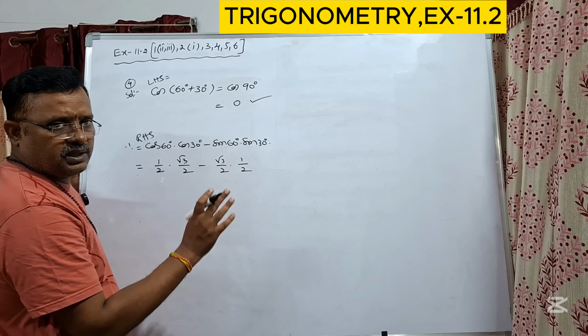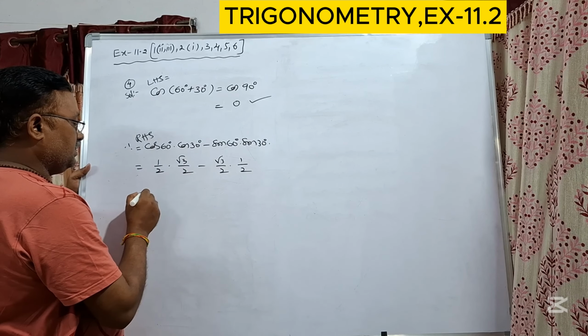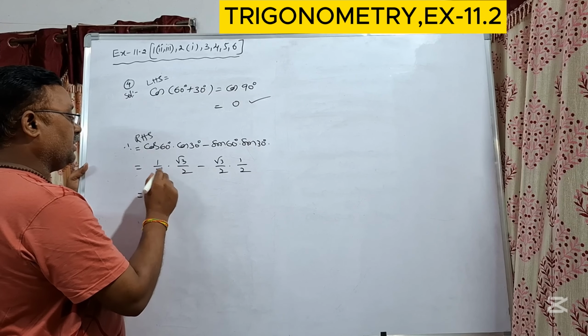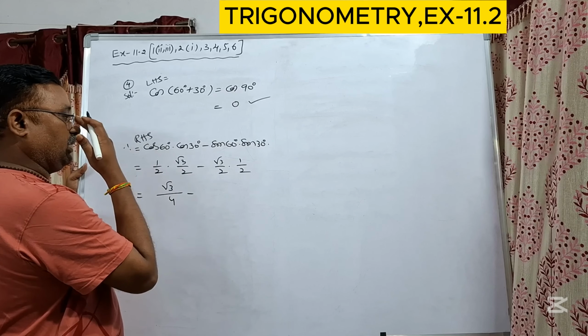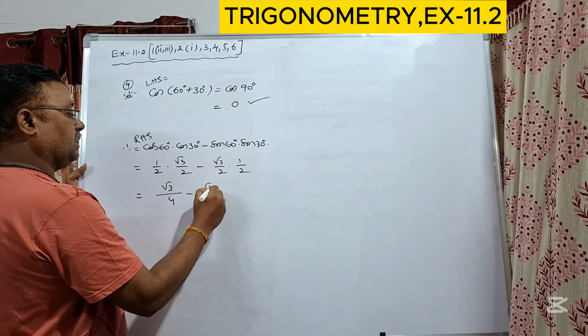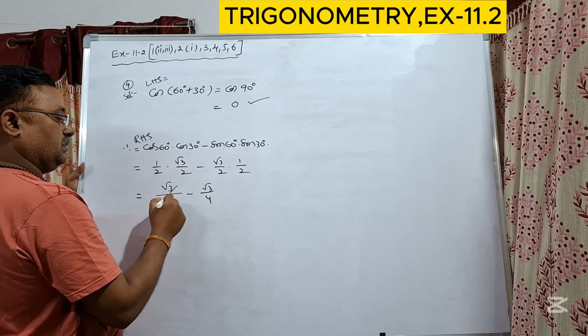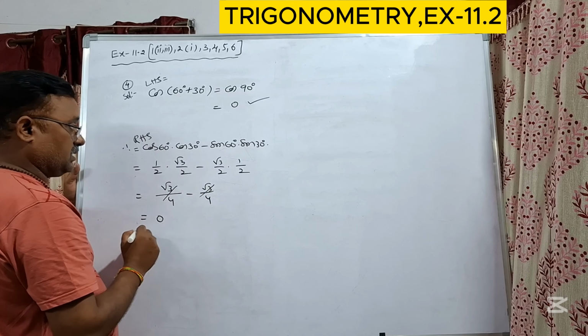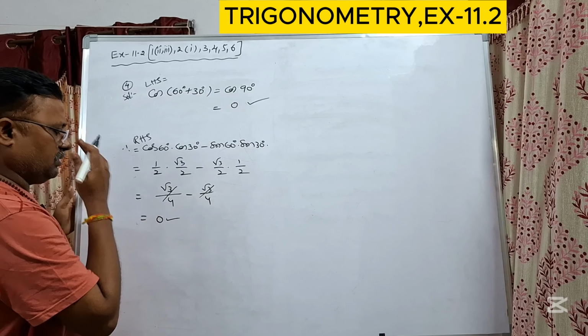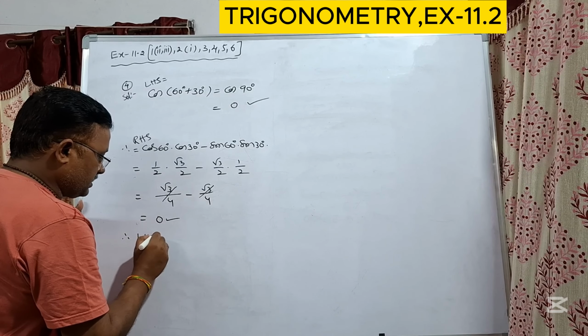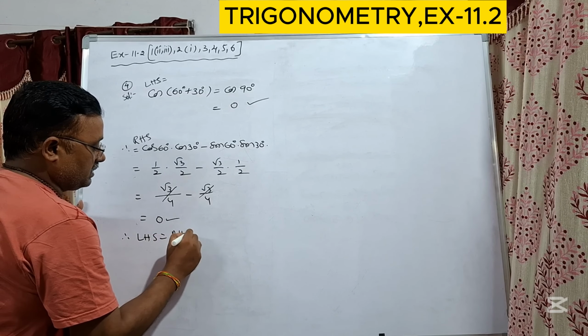Directly substituting the table values, this is root 3, 1 into root 3 by 2, 2s are 4, minus root 3 into 1, root 3 by 2, 2s are 4. They get cancelled, the answer is 0. So LHS is 0, RHS is 0. Therefore LHS is equal to RHS.